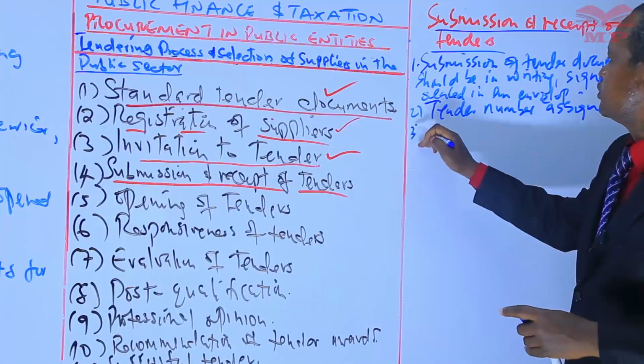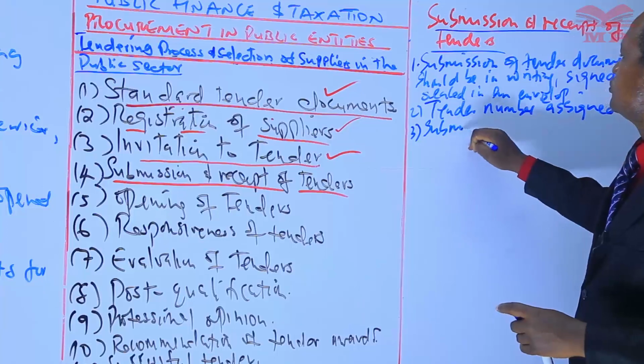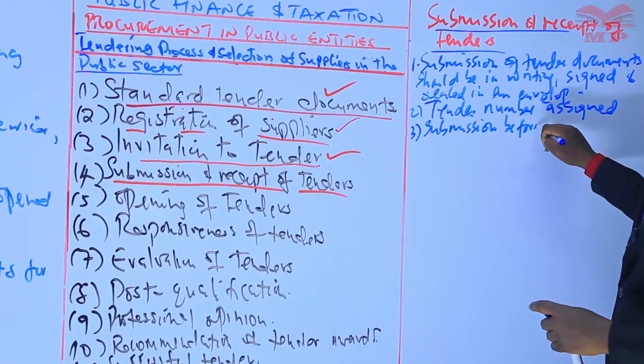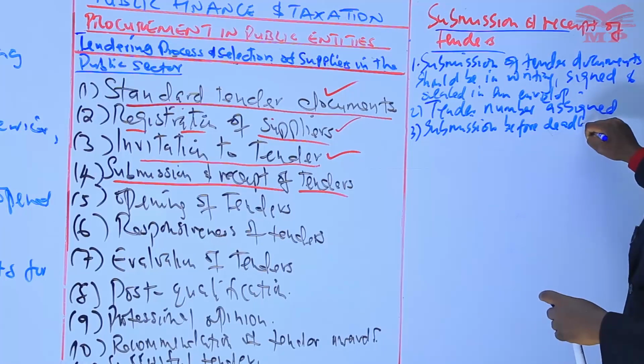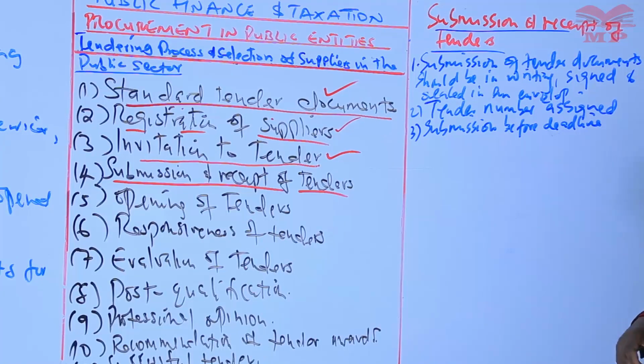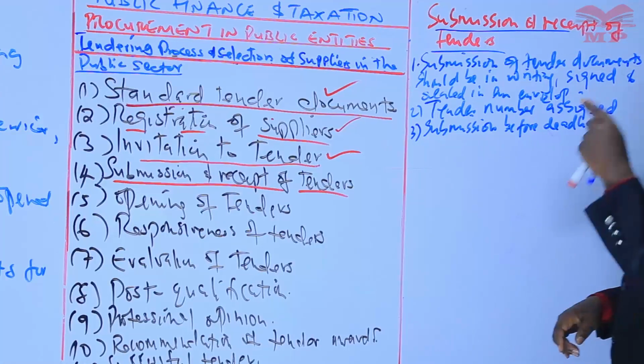Then there is a point on submission before deadline. A tender shall be submitted before the deadline for submitting tenders. And any tender submitted after the deadline shall not be accepted by the procuring entity.